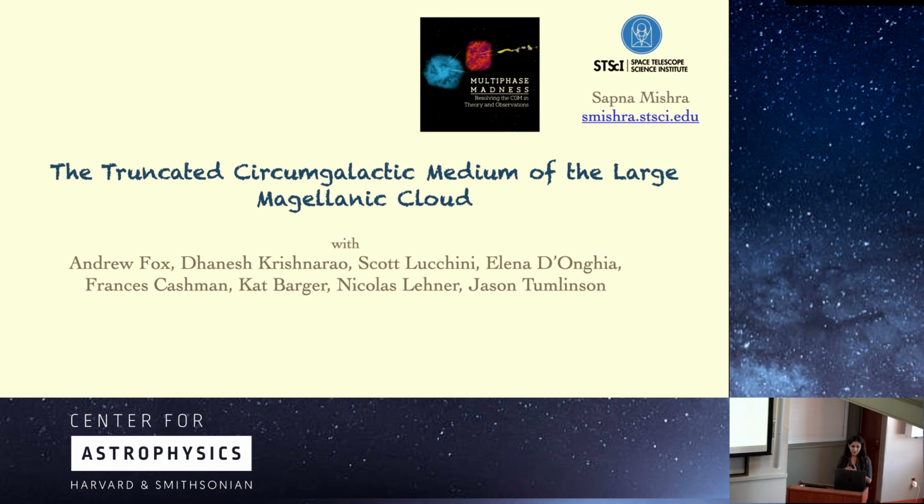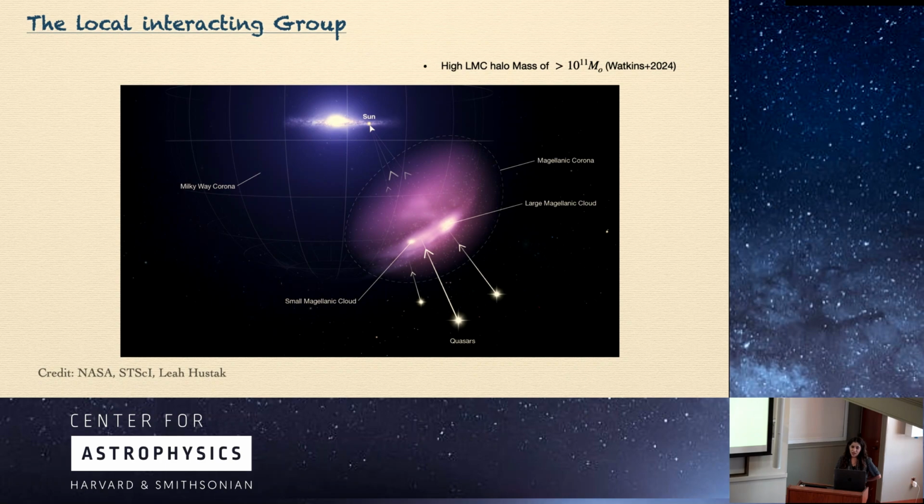Hi everyone. So in this talk, I'll be talking about the circumgalactic medium of our nearest neighbor, that is the Large Magellanic Cloud. Shown here is a schematic of our local interacting group, where the LMC is one of the key elements.